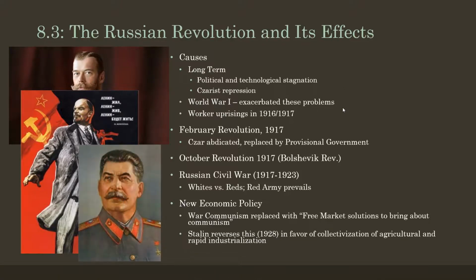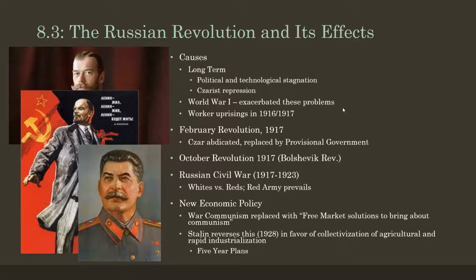That's going to last until 1928, when Joseph Stalin replaces Vladimir Lenin after a power struggle and reverses the new economic policy in favor of collectivization of agriculture and rapid industrialization. More, quote unquote, socialist or communist looking economic policy is what Stalin is going to try to bring about. He implements a series of 5-year plans.